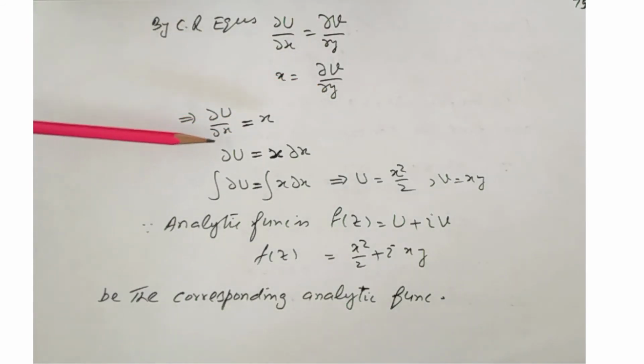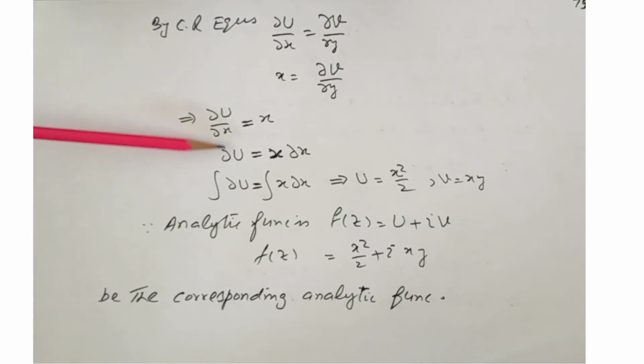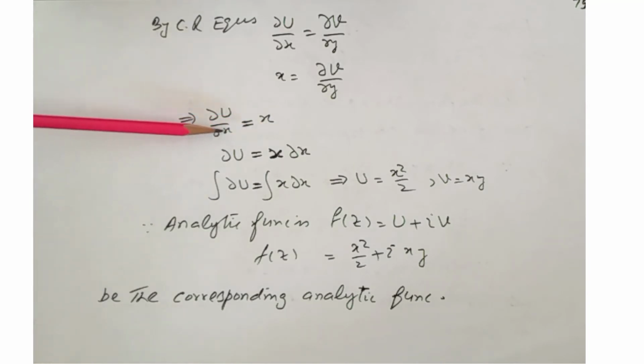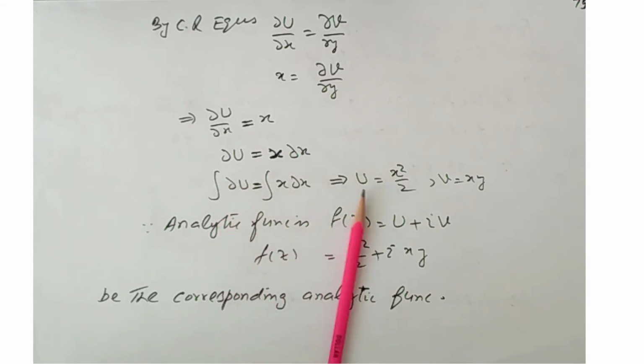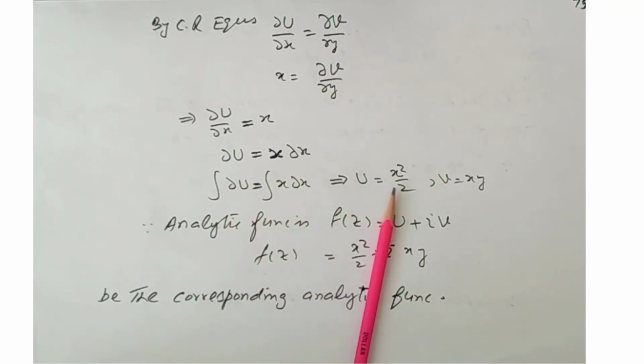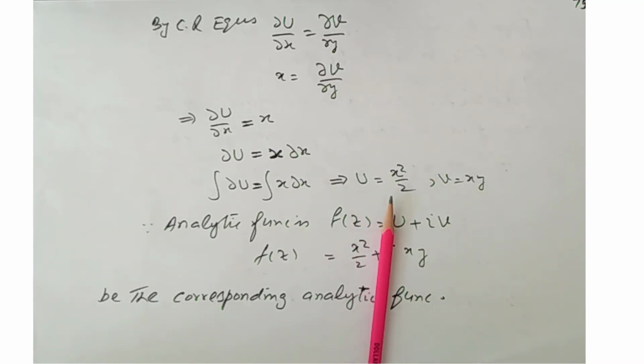Now we can write this as partial u equal to x into partial x. Now integrating both sides, its integral will be u and its integral will be x square by 2. So v equals xy and u equals x square by 2.